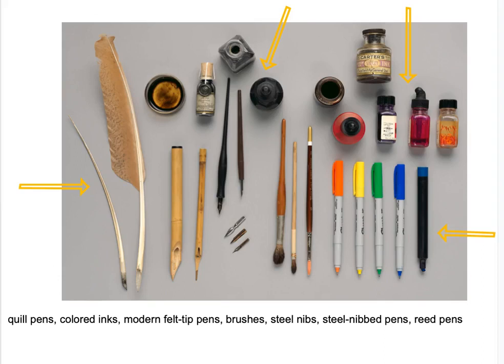And then we have brushes. So these would be used for that brush and ink technique, where you take the brush and dip it into the ink jar and spread it out in a wash.